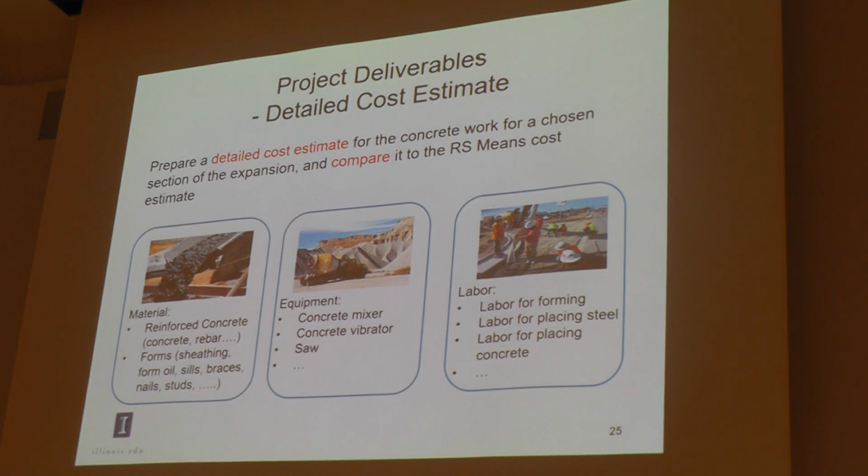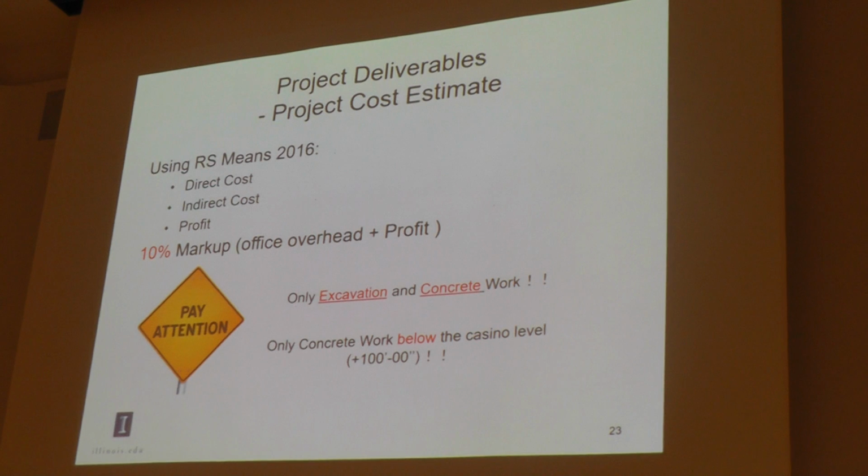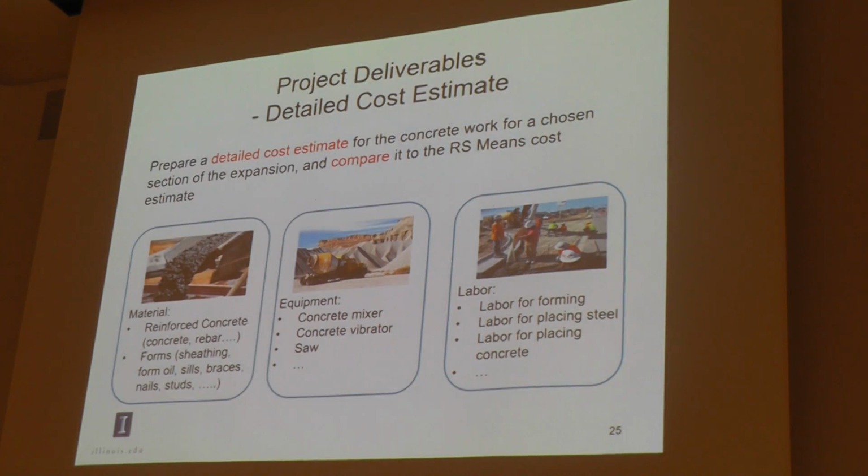And in the previous task we were doing the project cost estimation based on the RSMeans. In the next task, you are required to do the detailed cost estimation. The difference here, you don't rely on the RSMeans. You will first select one component.